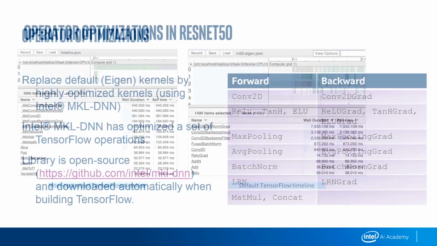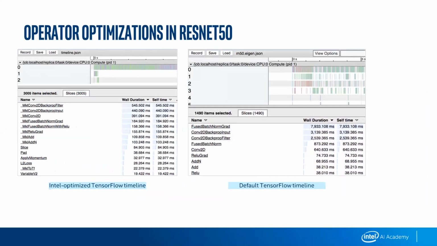So this is a quick snapshot. If you are aware of ResNet 50, it is one of the popular models used for image classification. On the right-hand side, what you see is the default one running on the CPU. These are not exactly unoptimized, but they are still C calls that don't take advantage of the underlying architecture. Take a look at the wall time that fused batch norm gradient would take: around 8 seconds.